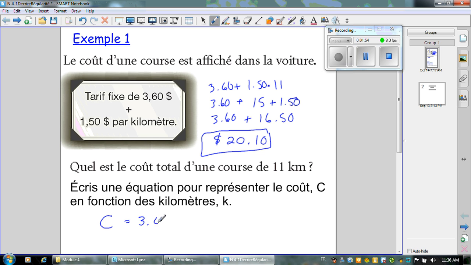You're always going to have to pay $3.60 plus $1.50 for every kilometer, so multiply by K. That's your equation right there. And if you look at our work above, that's what we did. We did $3.60 plus $1.50 multiplied by every kilometer, which was 11 for the problem.